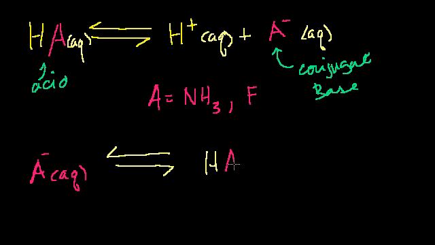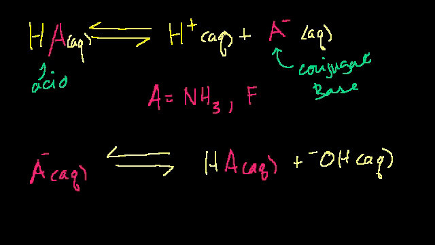It's still in an aqueous solution. And then one of those water molecules that it plucked that hydrogen off of is now going to be a hydroxide ion. Remember, whenever I say pluck the hydrogen, I mean pluck just the proton, not the electron. So the electron stays on that water molecule, so it has a negative charge. It's in an aqueous solution. So we could write the same reaction both ways, and we can write equilibrium constants for both of these reactions.